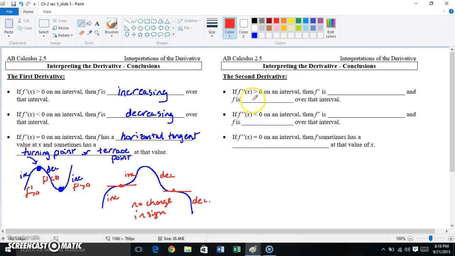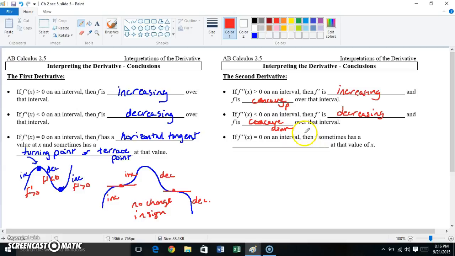Okay, second derivative. When the second derivative is positive on an interval, our first derivative, our slope, is increasing, and our function is concave up. When the second derivative is negative, then our first derivative is decreasing, and our function is concave down.